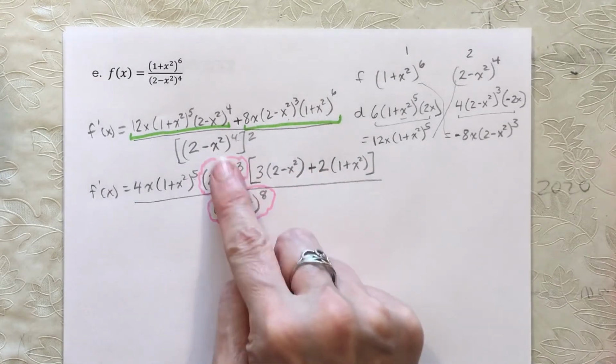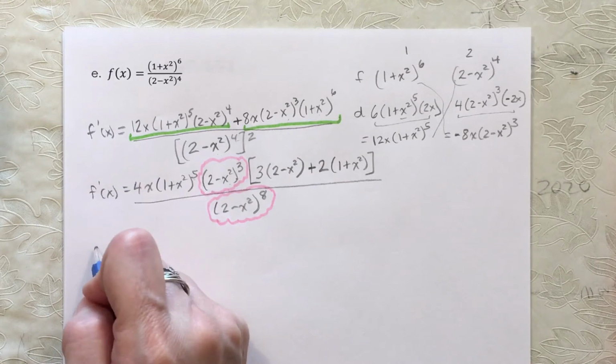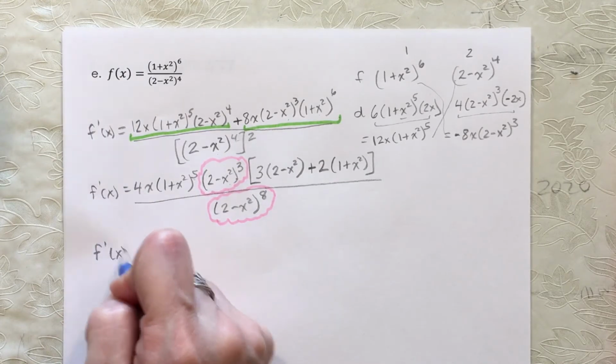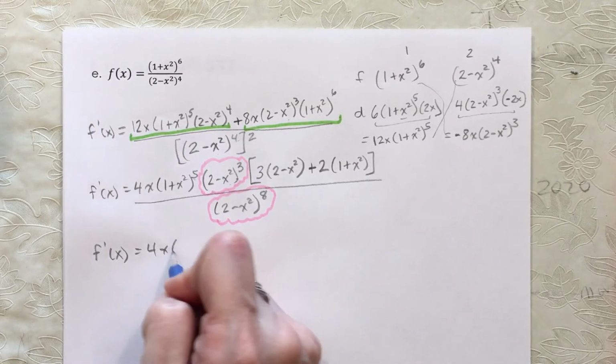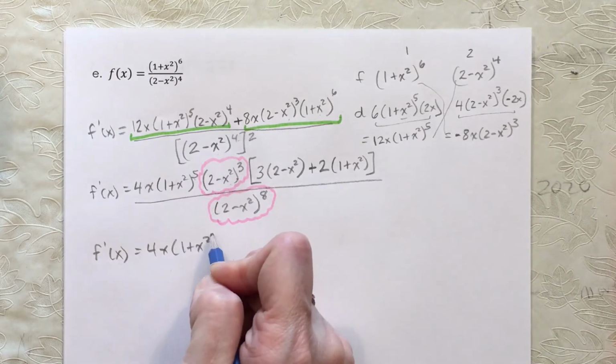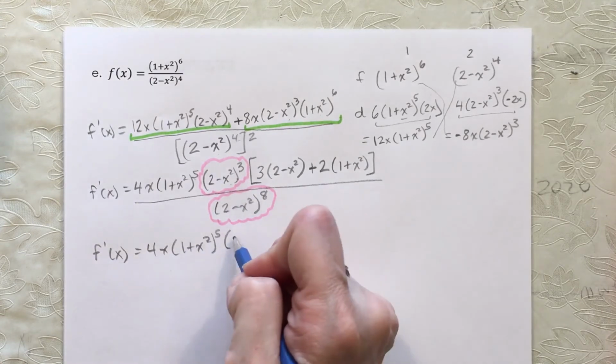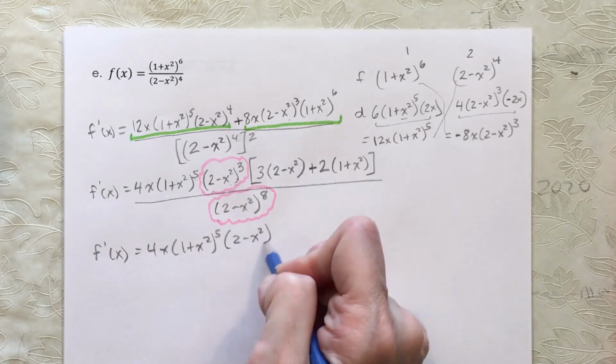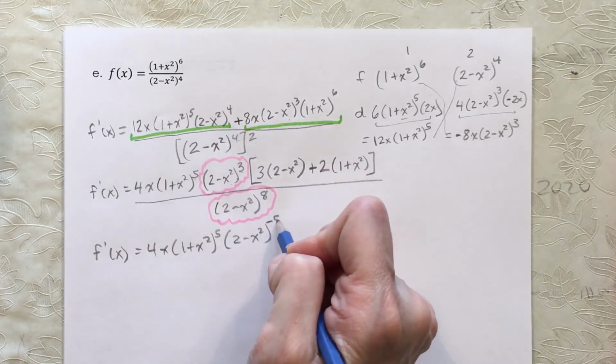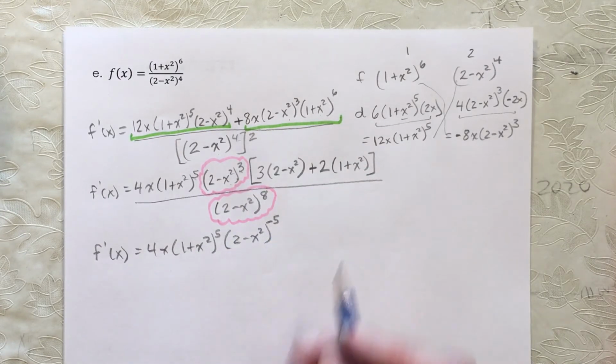So we're dividing powers with the same base as we go through here. So we can keep the base, which is 2 minus x squared, and subtract the exponents, which gives us -5.